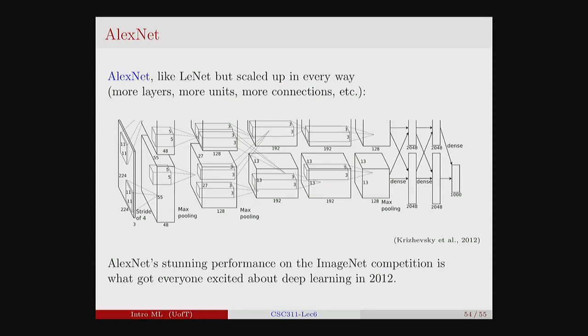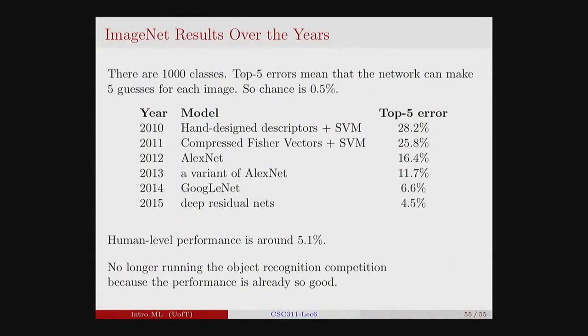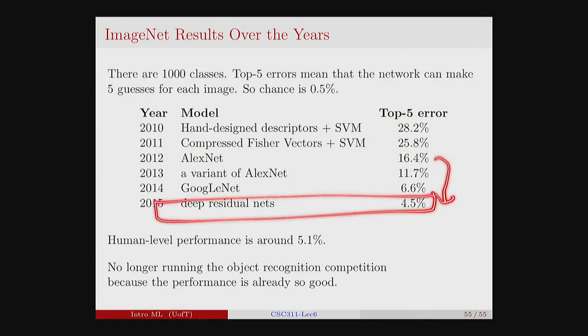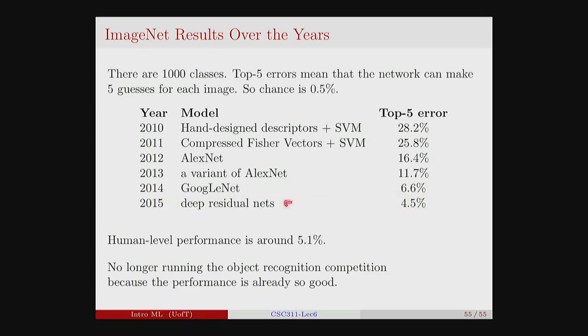It's much bigger, deeper. In 2012, the error rate was about 16.4%. And like 3 years later, with the advances in residual neural networks, it ended up dropping down to about 4.5%. And human level performance is about 5%.